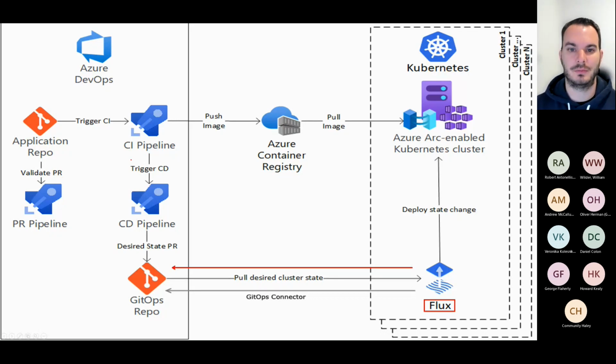And now the developers create more features, implement them, and then I decide it's time to update. So I change the configuration inside the GitOps repository and say, I want tag 1.1 of my container image.